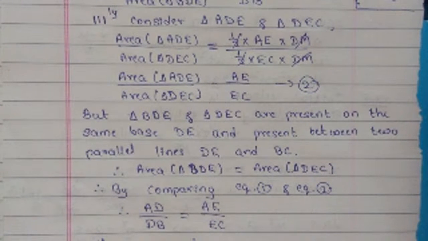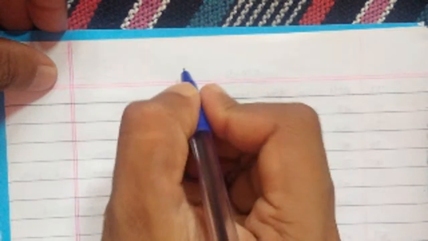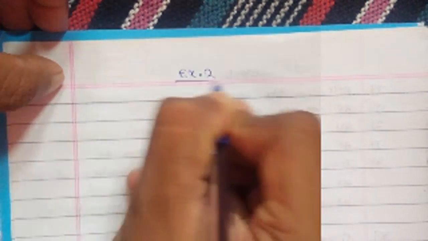Then open exercise 2.2, just open page number 36.